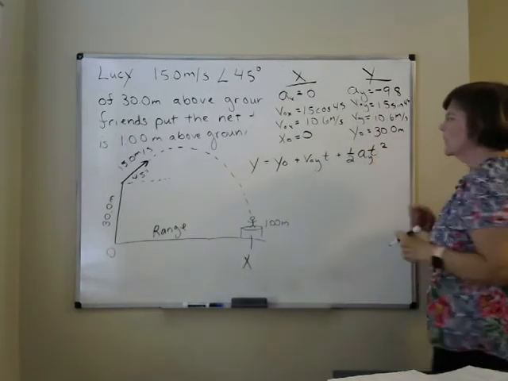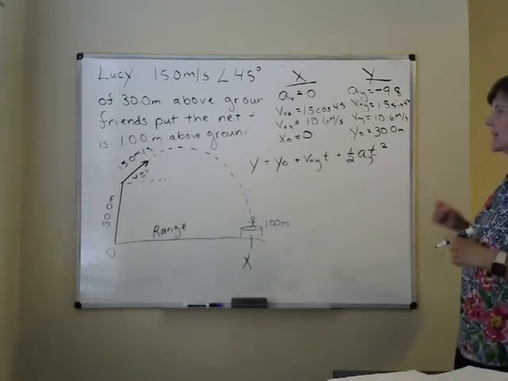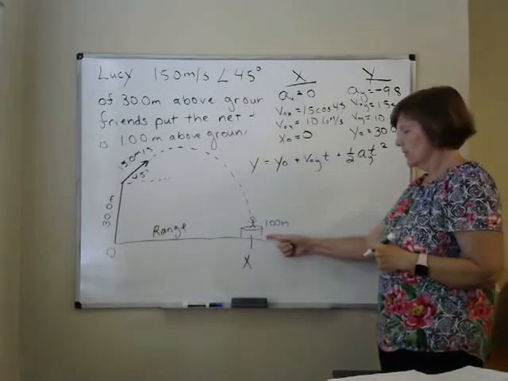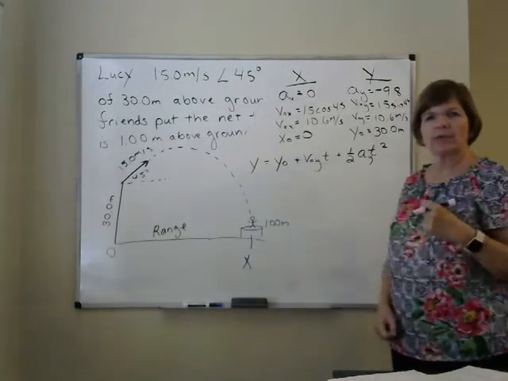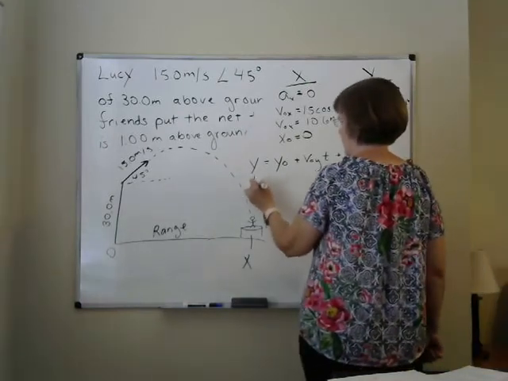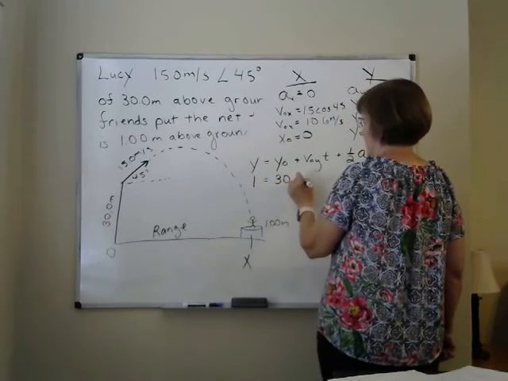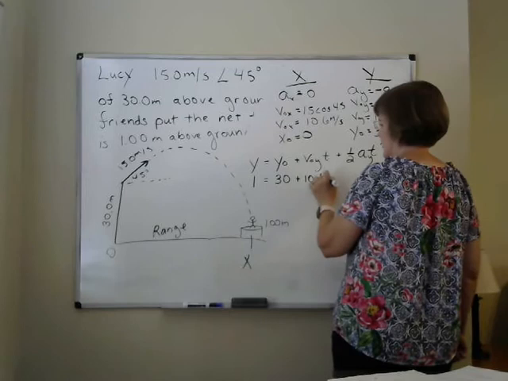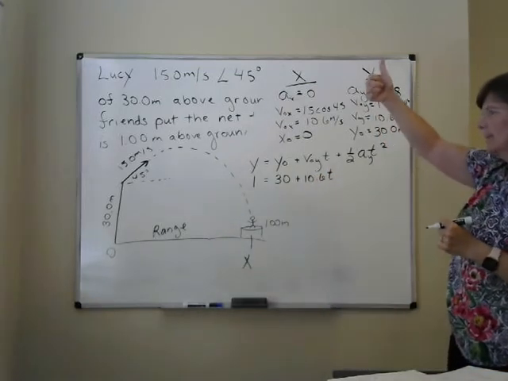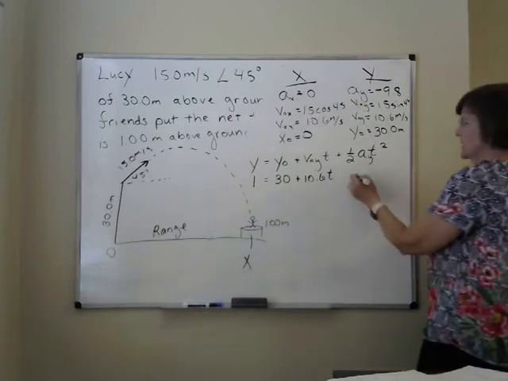Okay, we want to remember, we want to find at what time her height will be 1 meter. We don't care where she hits the ground because she's not going to hit the ground. So we can't use y equals 0. We actually want to put in her 1 meter here, our 30 meters here, 10.6 t. Now this is a positive 10.6 because she's going up, but this is a negative 9.8 because acceleration's down.